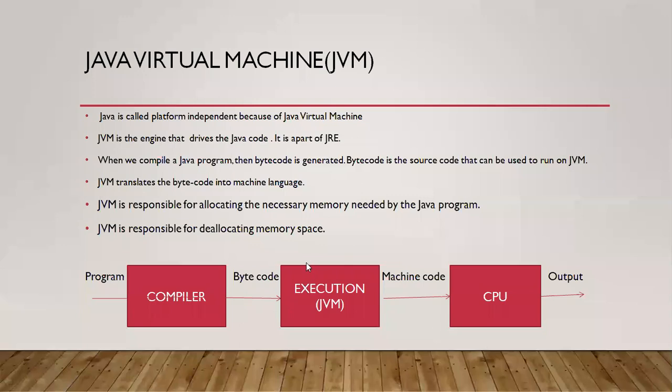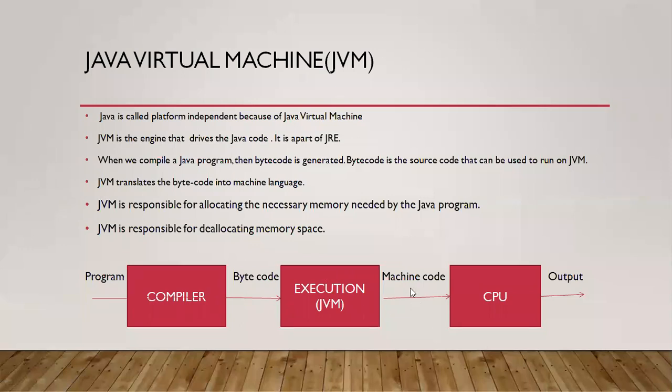So what is the purpose of this JVM engine? It takes the bytecode, processes it, and gives the result as machine code, which means it changes that bytecode into a zeros and ones language.